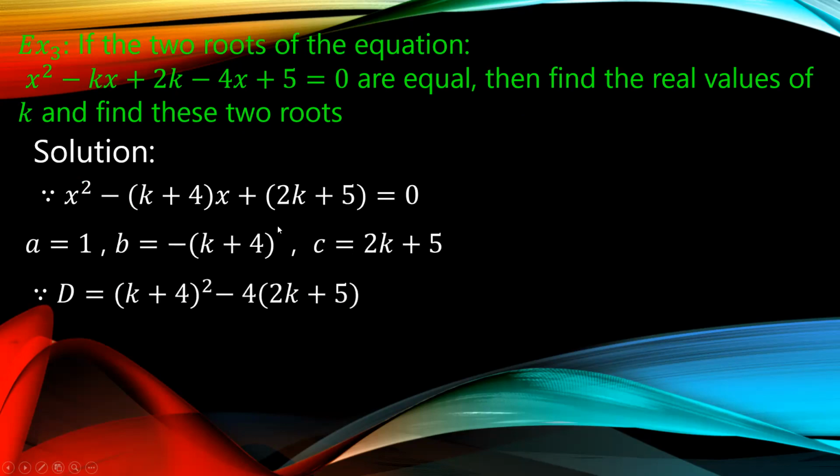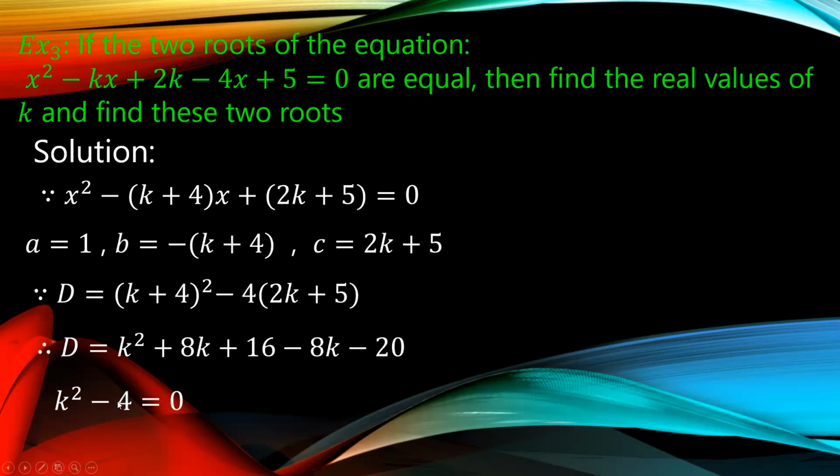Discriminant b power 2 minus 4ac. B here is negative k plus negative k minus 4, negative k minus 4. This is the b. And a equals 1 and c is the absolute term here, 2k plus 5. I will substitute and find the discriminant.